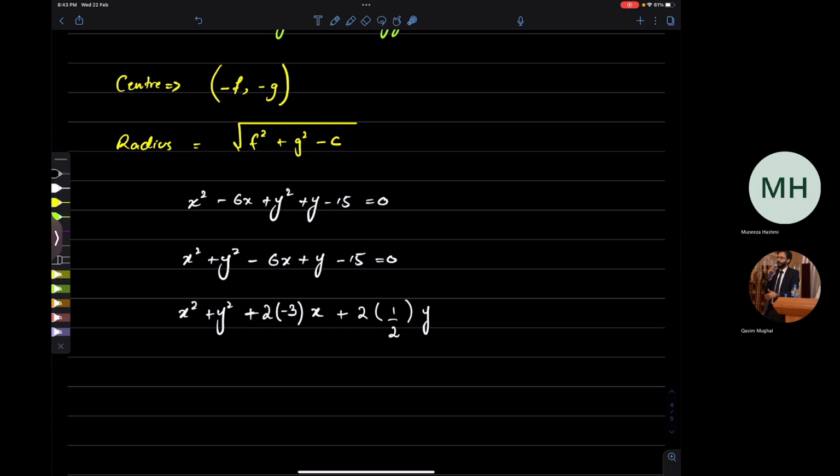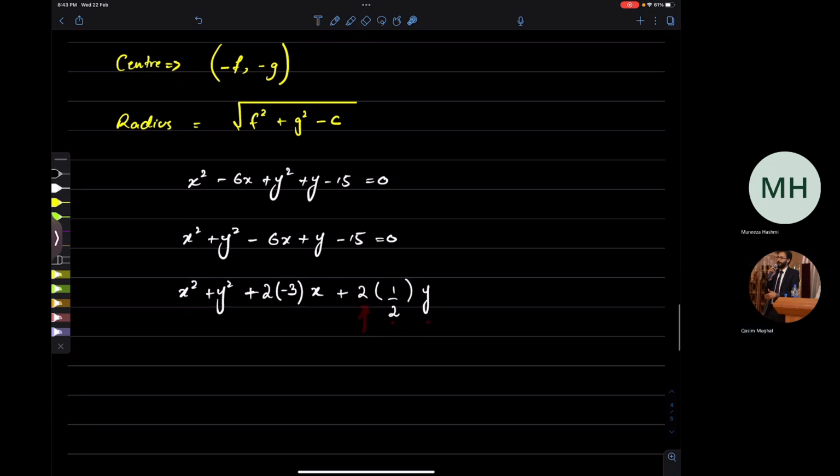So this 2 and this 2 will be cancelled out, and eventually you'll be left with just y. So this is correct. So this is how you can write it down with a factor of 2. Okay? Yes, sir. And then plus c is going to be negative 15, and then equals 0.